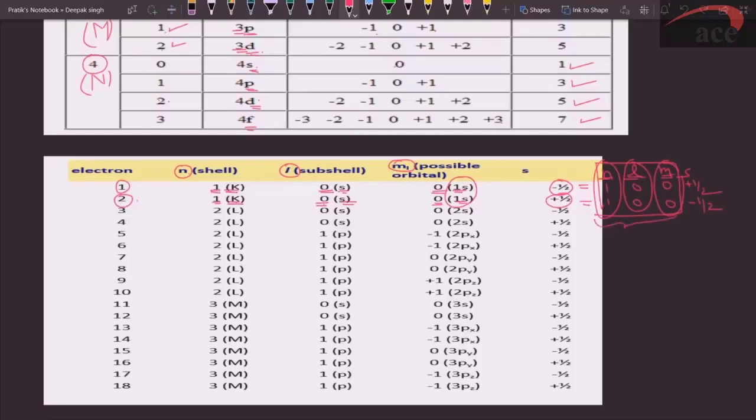The set of three quantum numbers is the same, but the spin quantum number is different. So please remember, in one orbital there will be two electrons, and for these two electrons, the spin should be opposite.